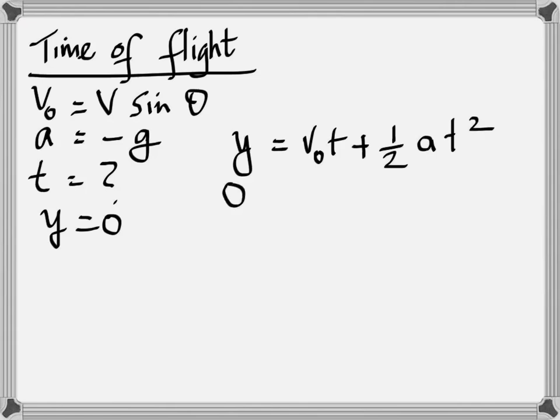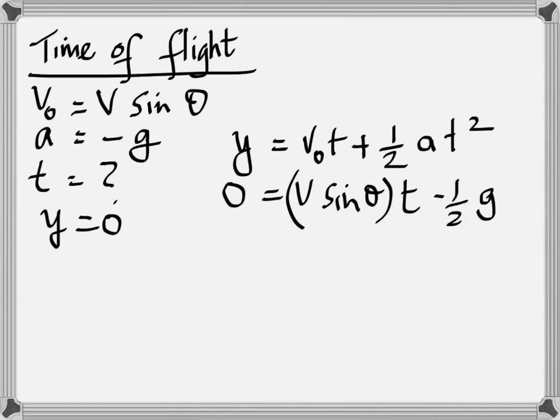Plug it in. 0 equals V sine theta t minus half g t squared. Simple math.